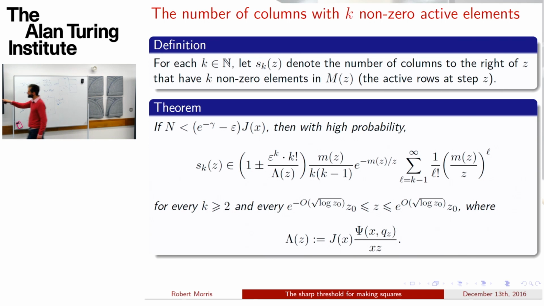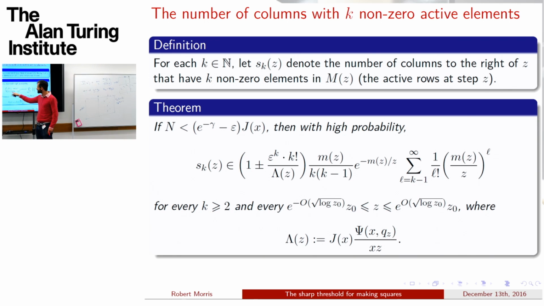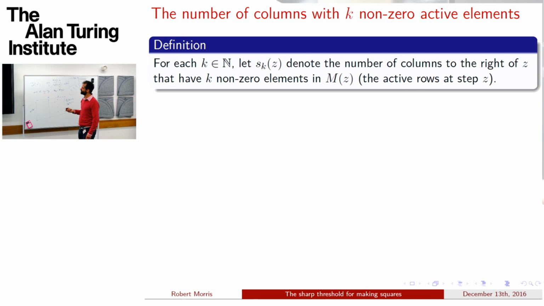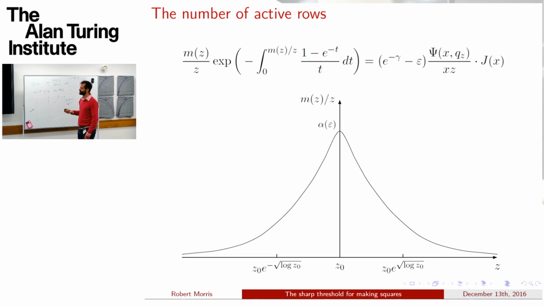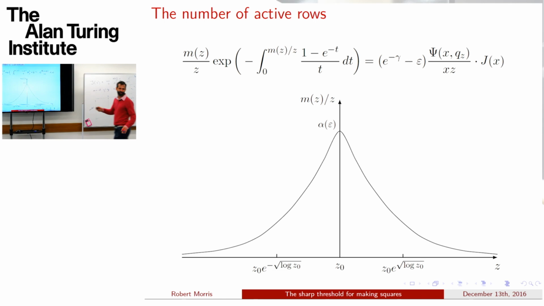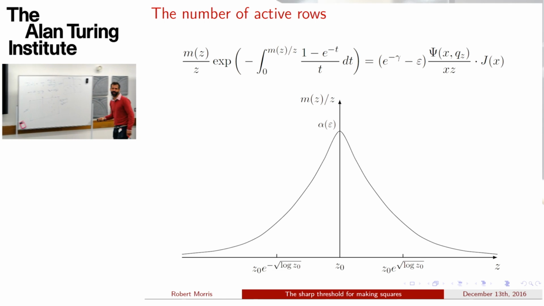So this lambda of z is just some funny constant, almost. It's not constant, it varies with z, but it varies within some bounded range, which is sort of related to this picture. So you can think of it a bit like this constant, or in fact the inverse of this constant, more or less.